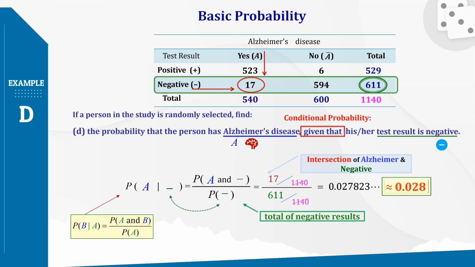Here is another way to get the same answer. It says given that the test result is negative, so you restrict the area to only negative, which is a total of 611. Inside of that area, we can see 17 Alzheimer's disease cases.